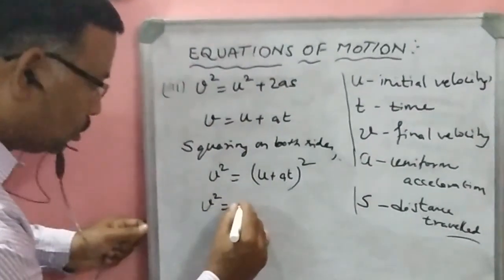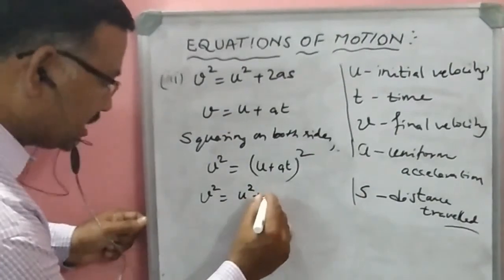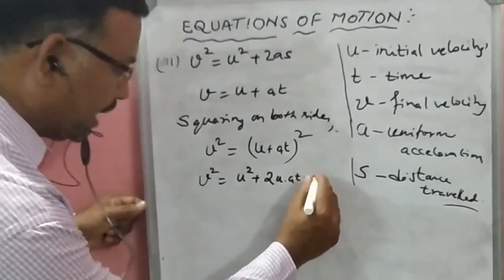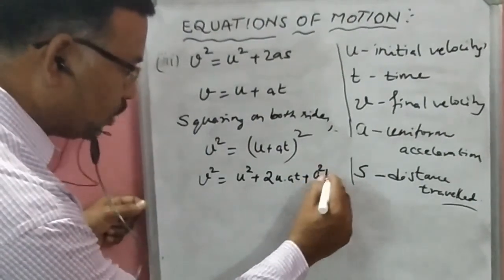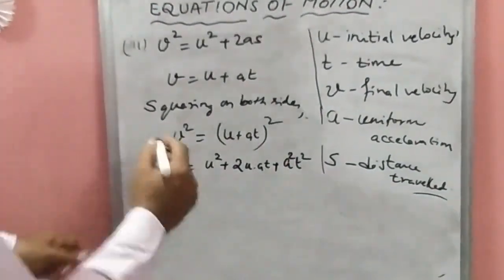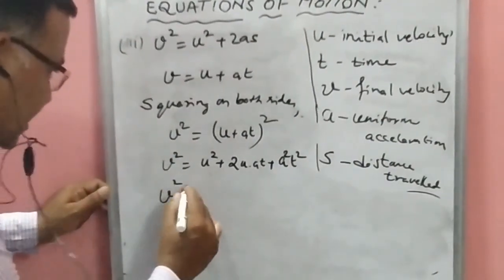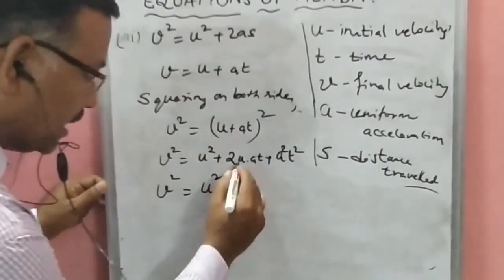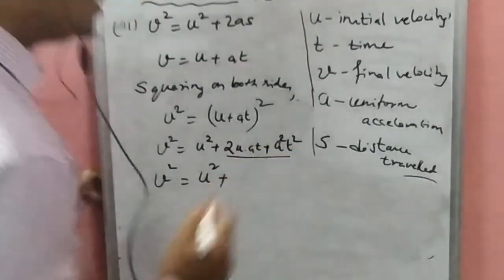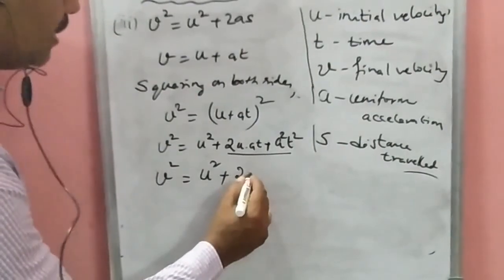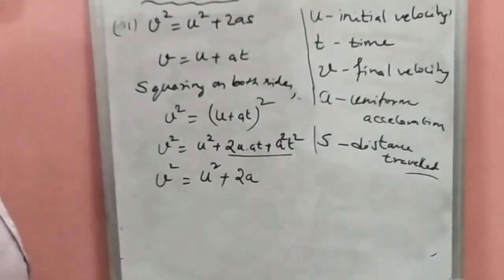v² = u² + 2u·at + (at)², which can be written as a²t². So we expanded. The next step: v² = u² as it is, plus from these two terms, I am taking 2a as the common term outside.